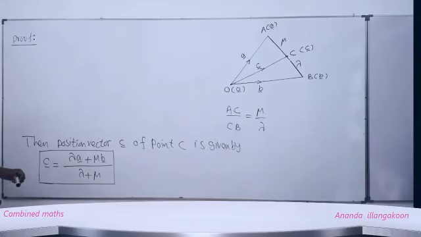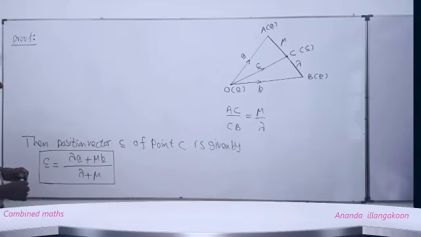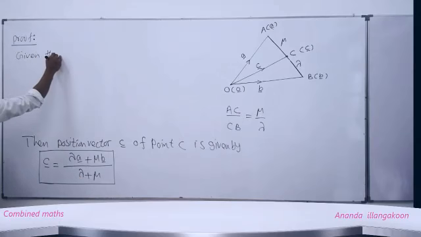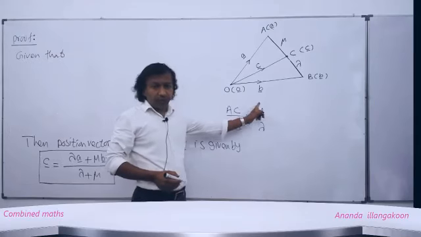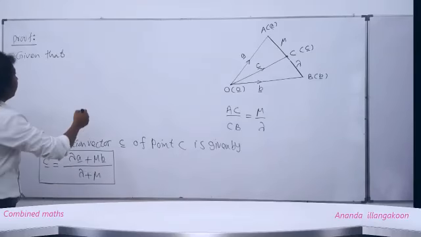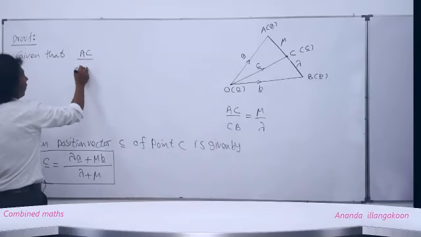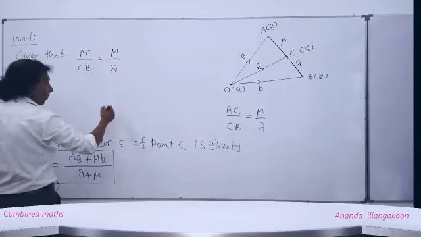Right. We'll see how to start this proof. We start the proof like this, people. Given that, we are given this ratio AC by CB equals mu by lambda. It is given that AC divided by CB is equal to mu divided by lambda.